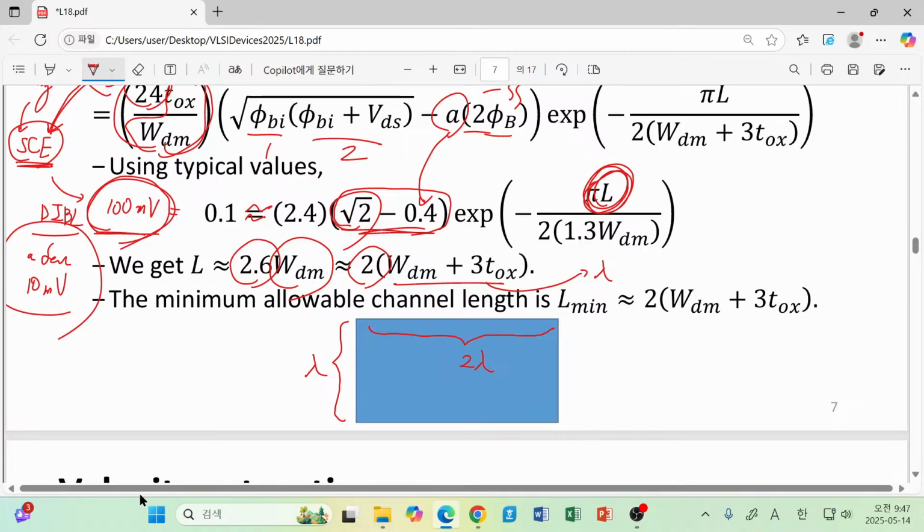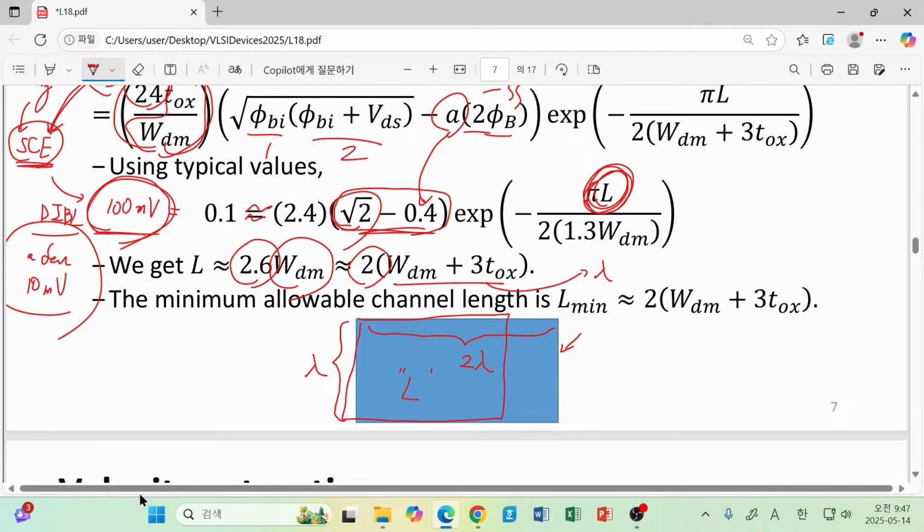If we make an even shorter device for the same technology, this even narrower device will suffer from severe short channel effect. So we cannot use it. However, if we just allow 2 times lambda, then it will be more or less okay to have this length scale.